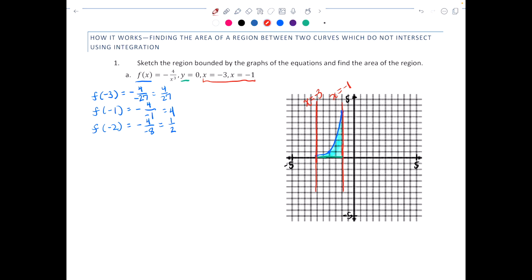Now, topmost graph is the blue one, right? So if we set it up exactly as the formula, our area would equal the integral.